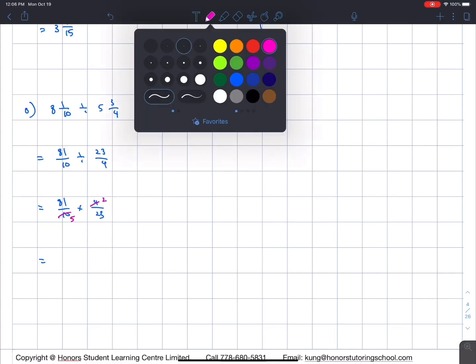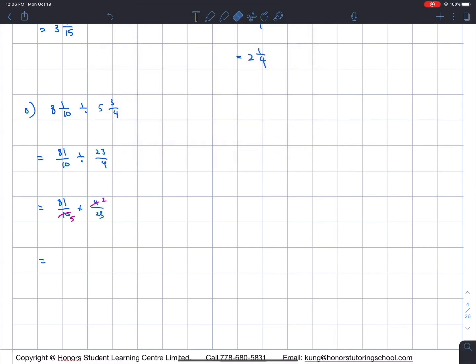And that's it. 81 times 2 is 162. 23 times 5 is 115. And then I can just subtract this because 115 goes into 162 just one time. So 12 minus 5 is 7, 5 minus 1 is 4. I should have 1 and 47 over 115.